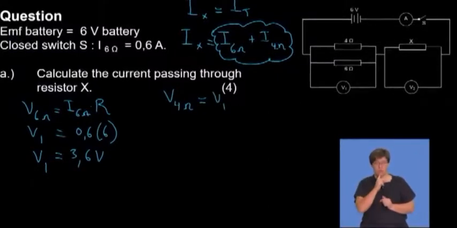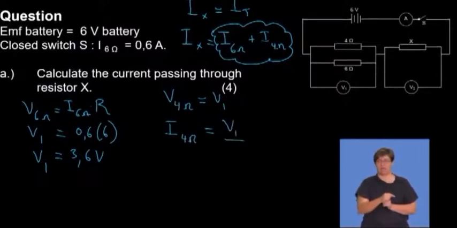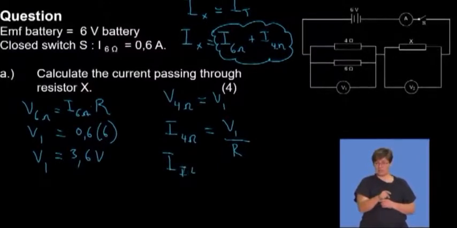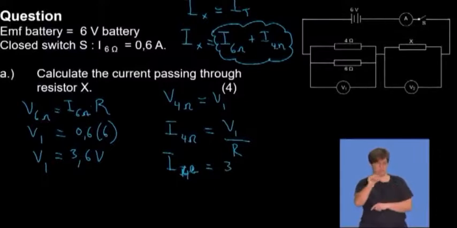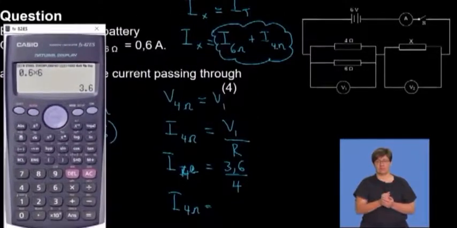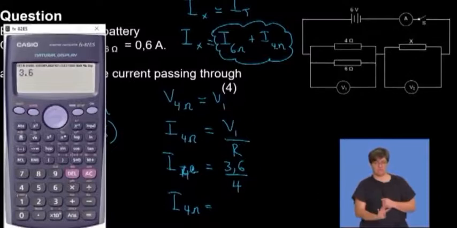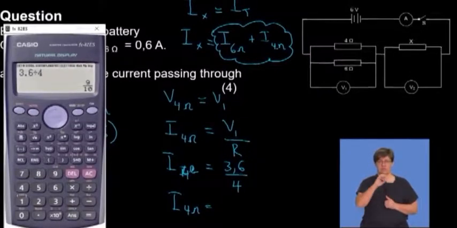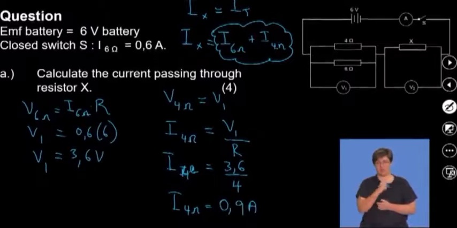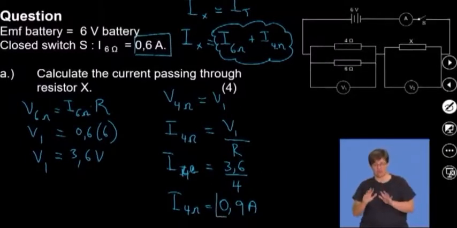Now, we can find the current that goes through 4 ohms. The current through 4 ohms is equal to V1 divided by R. We've managed to get V1 as 3.6, so 3.6 divided by 4 on the calculator is 0.9, which is the current that goes through 4 ohms. You'd realize that 0.6 is for 6 ohms, and 0.9 is for 4 ohms.